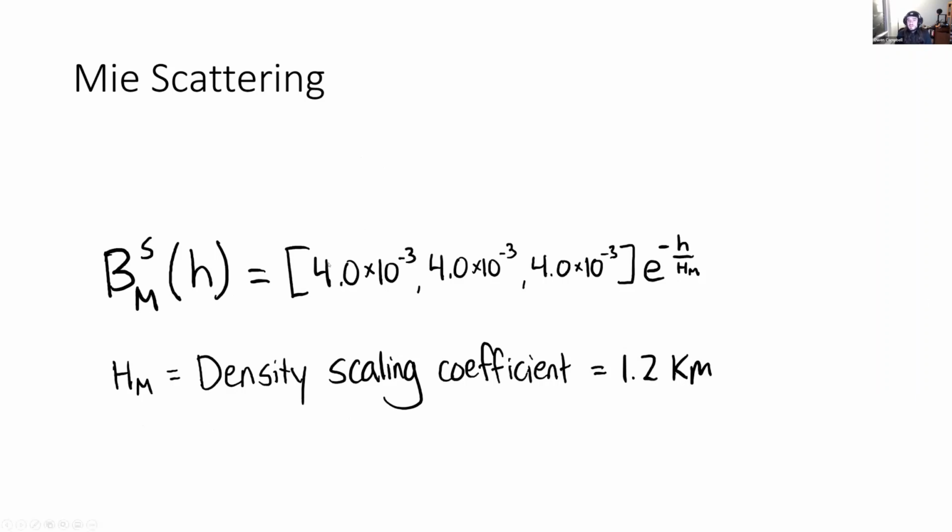And then the difference here is that all 3 wavelengths have the same value, and this basically just means that with Mie scattering, all the light gets scattered uniformly, so there's no color shifting. And then it's also got the exponential term, and the Mie scattering with the aerosols has a lower scale, like you divide by 1.2 kilometers instead of 8, but I don't think that's really important. Just know it's scaling the density, basically.